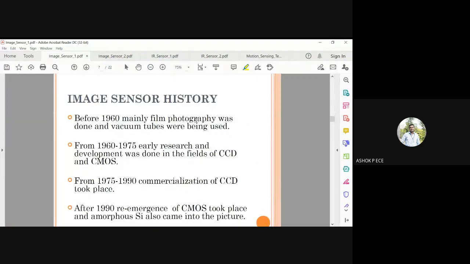Image sensor history before 1960: mainly film photography was done, and individual photography was not that popular because you didn't have the handheld devices you have now, and vacuum tubes were mainly used. From 1960 to 75, much research was done in the field of CCD and CMOS.